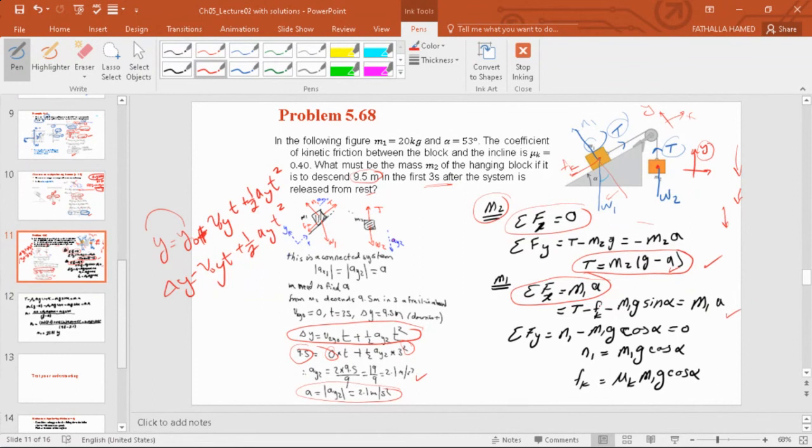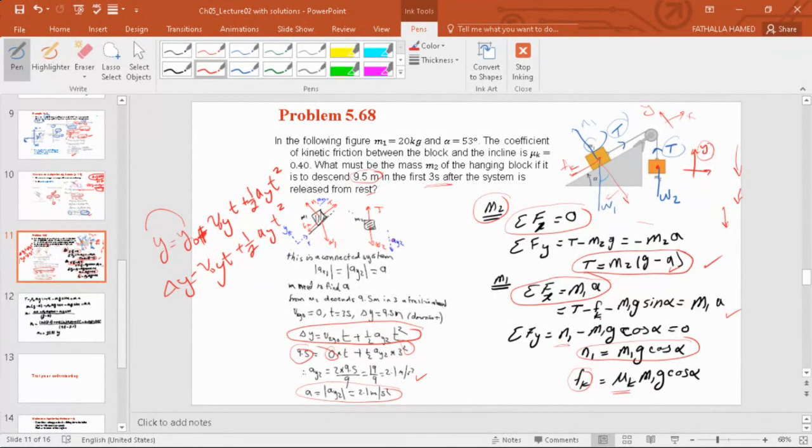Now, Fk is equal to mu k times the normal force, so you need the normal force. If we look along the y, we have the normal force, which we call N1 here, minus m1g cosine alpha, which is the y component of the weight, equals 0. So the normal force is equal to m1g cosine alpha, which makes Fk equal to mu k times m1g cosine alpha.